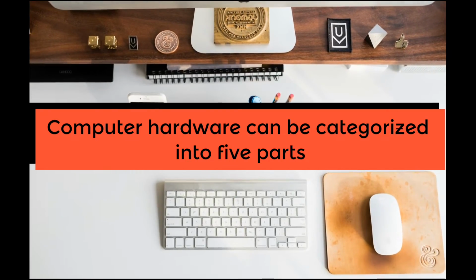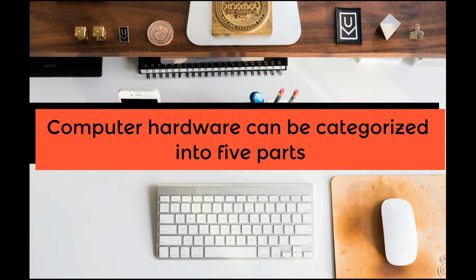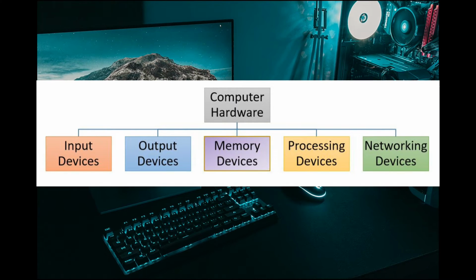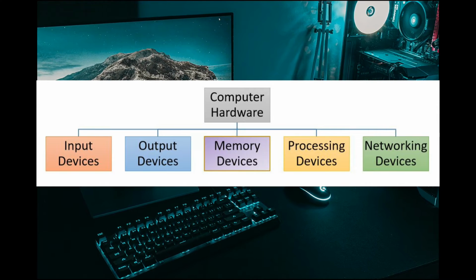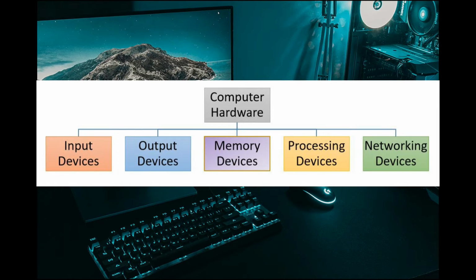Computer hardware can be categorized into 5 parts: input devices, output devices, memory devices, processing devices, and networking devices.